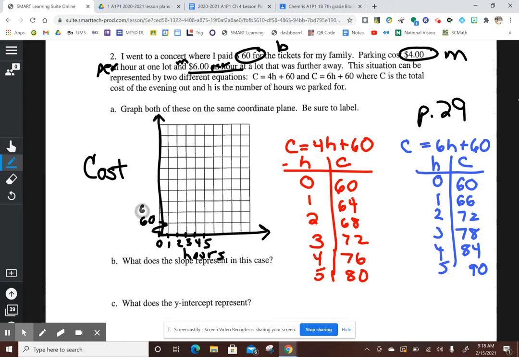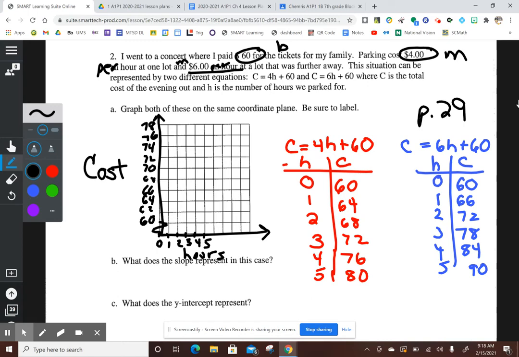So this would be 62, 64, 66, 68, 70, 72, 74, 76, and 78. Okay, so now I'm going to graph and see how these two look.